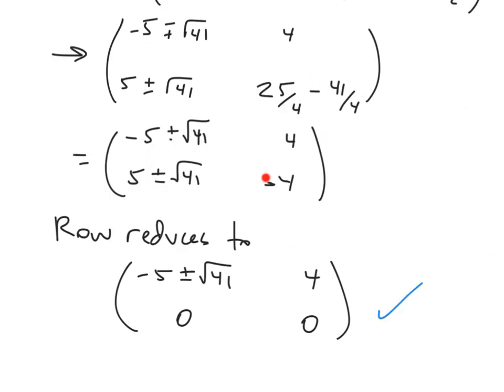Indeed, when we simplify this, we do get negative 4. And so these two rows are now very visibly a linear multiple of each other. This row times negative 1 gives us this row. So this row reduces to just the upper row and a pair of zeros, meaning this is very visibly a singular matrix. And so that has confirmed that these were the right eigenvalues for this matrix.